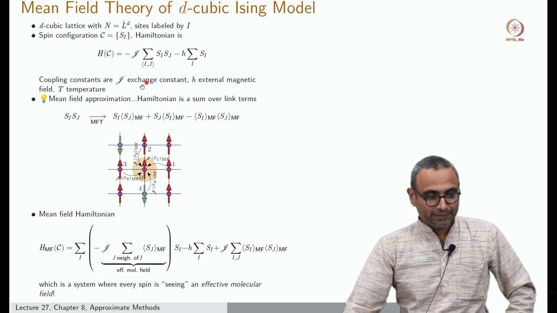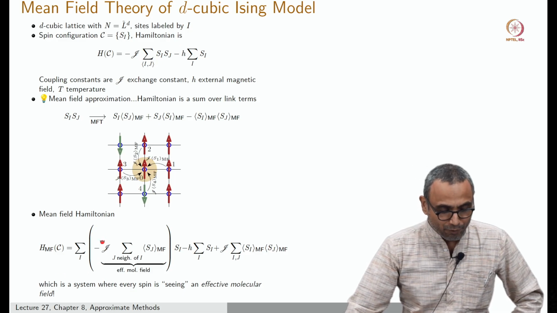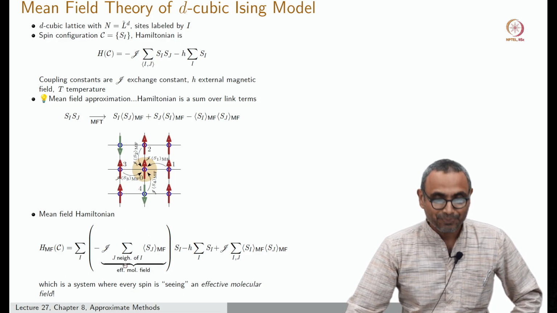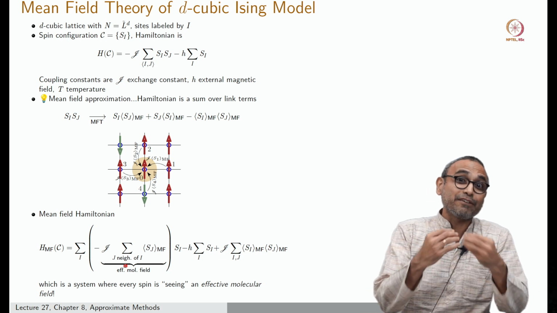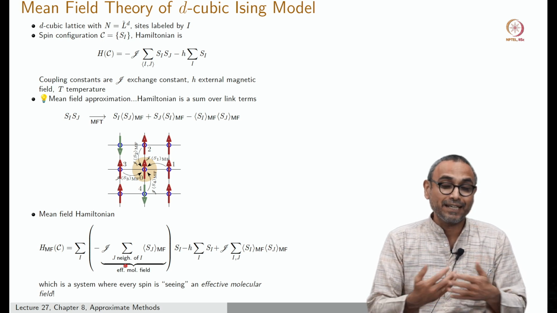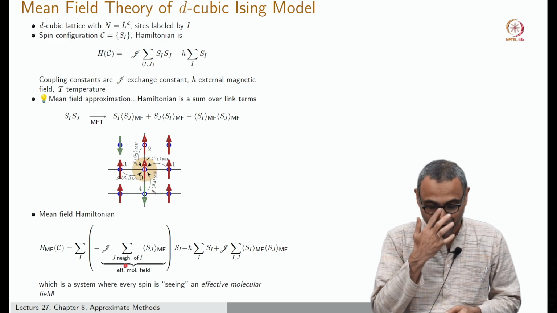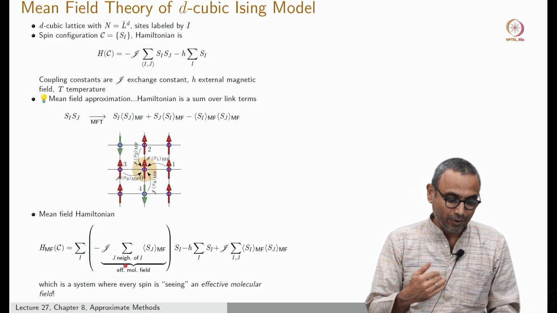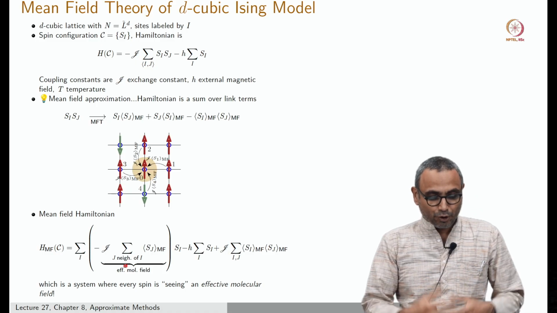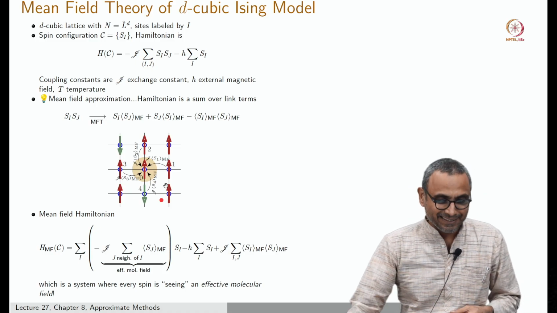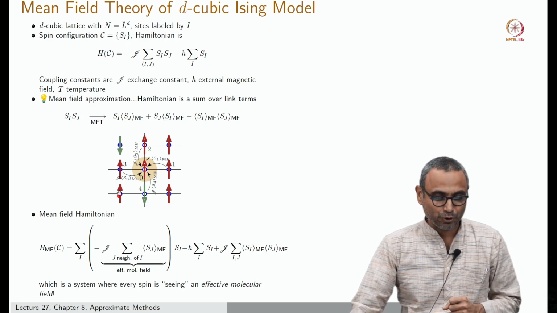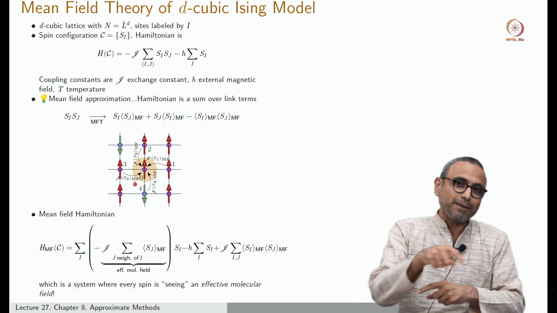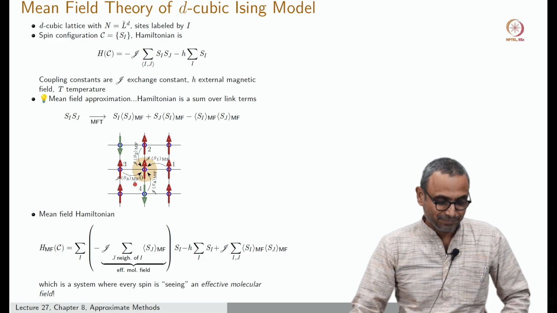It is a simple problem that we have set up here, and so you can now view this quantity as an effective molecular field. Okay. So, this word molecular field was introduced, I believe, by Bragg and Williams when they introduced these ideas quite a while back. Okay. So, this is the field seen by this spin at site 0 in the picture that I am showing here, coming from the neighboring spins.